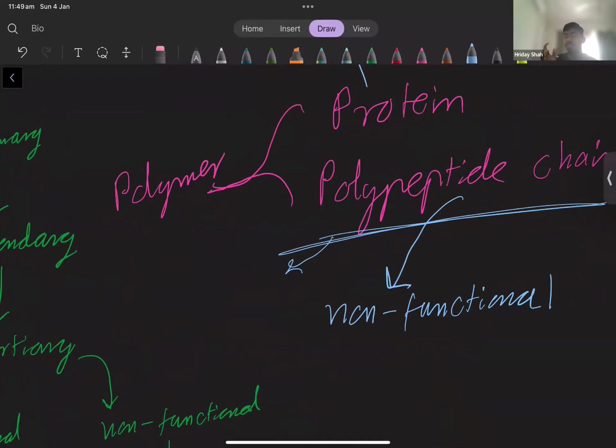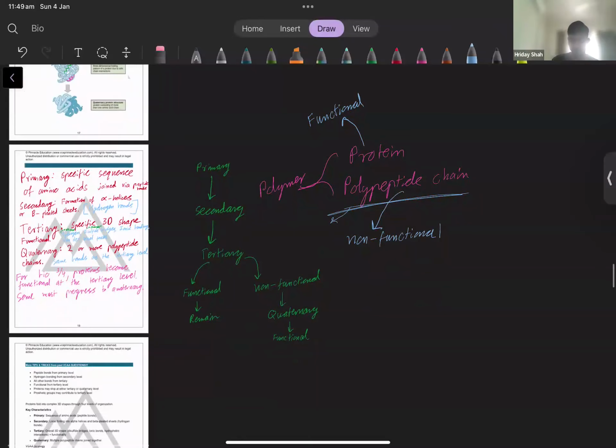It just means it hasn't been folded yet into the correct, specific, functional shape. Does that make sense? Any questions? No. Okay.